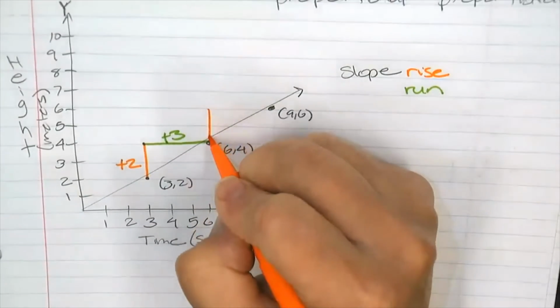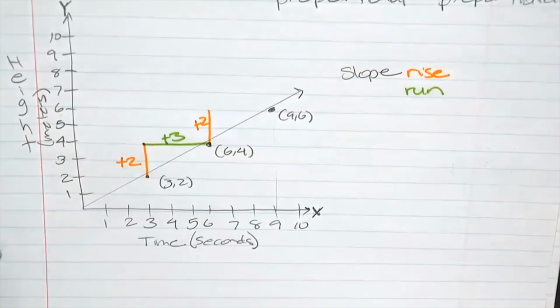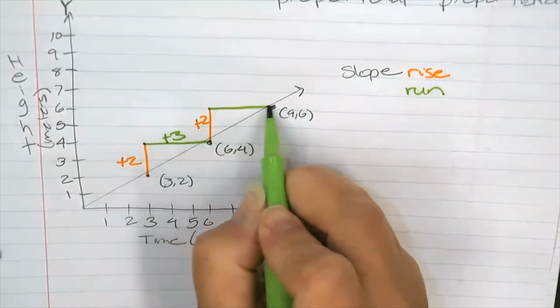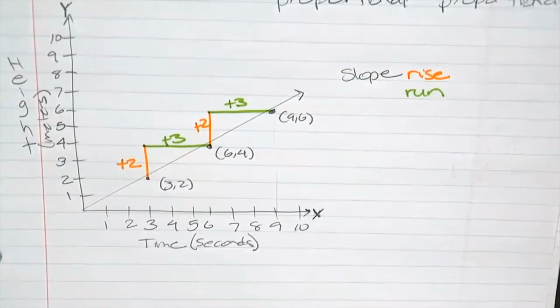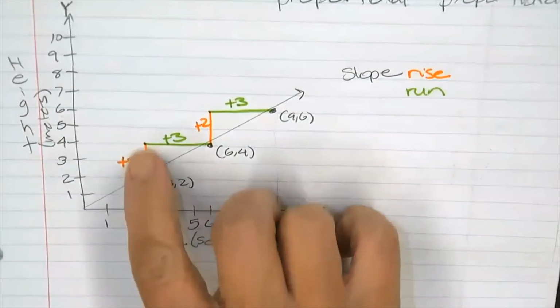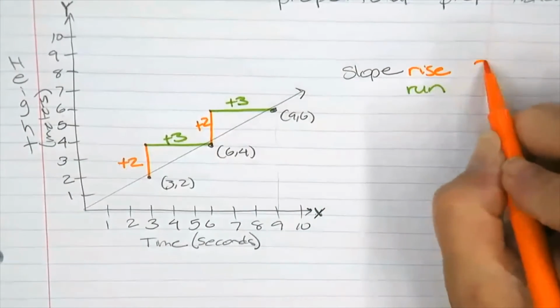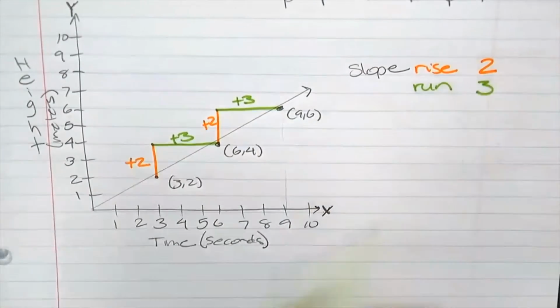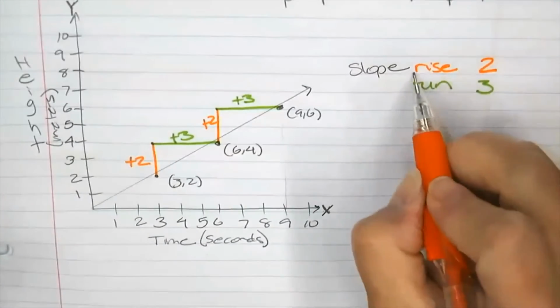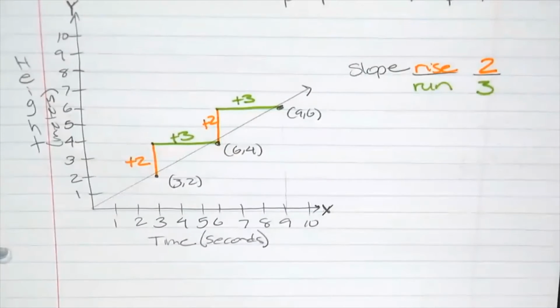Oh, look at this. I'm rising and I'm running. So my rise is 2 and my run is 3. So my slope is 2/3. We know that.